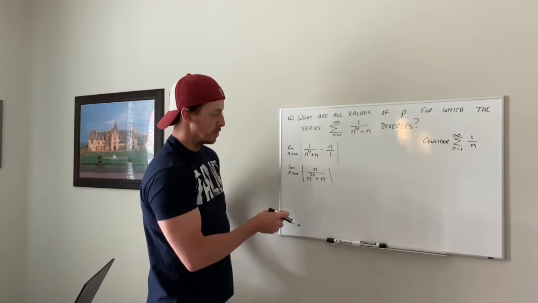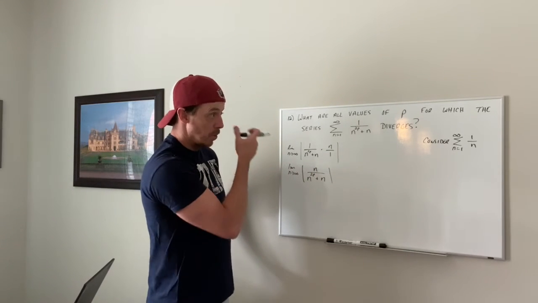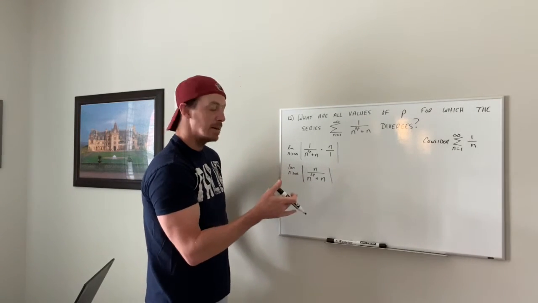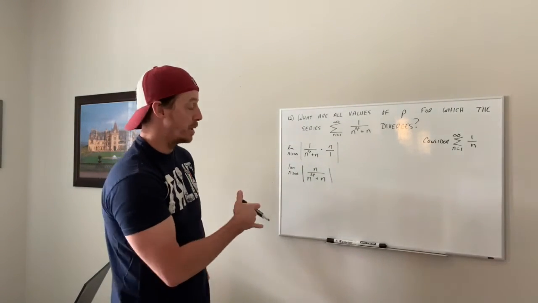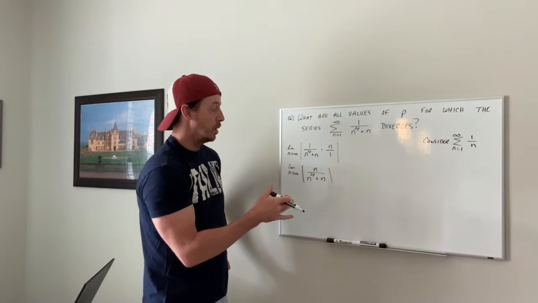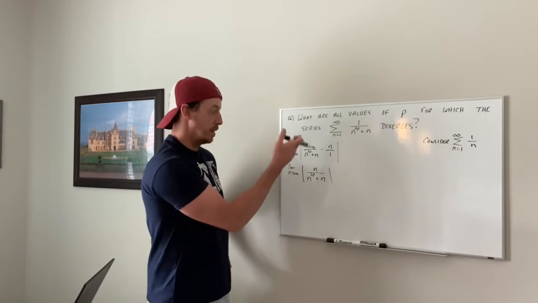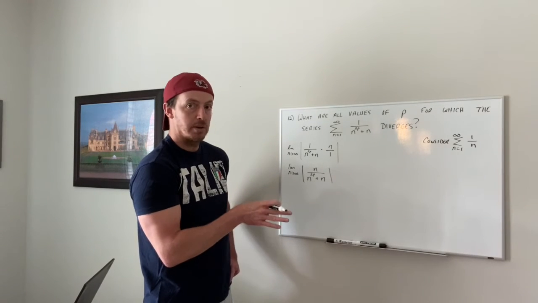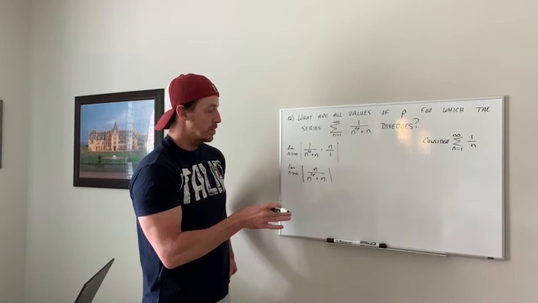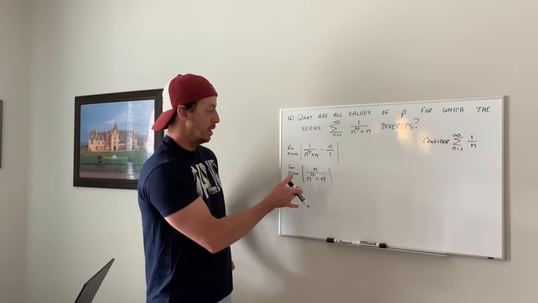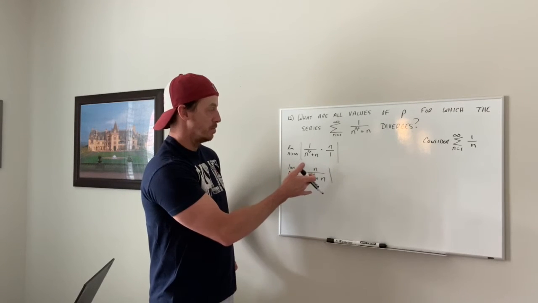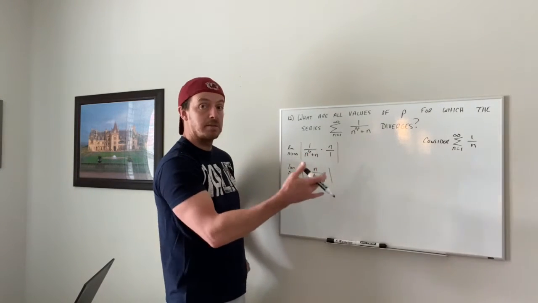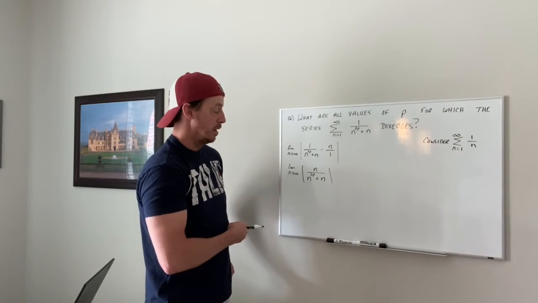And remember, we want this limit to be positive and finite. Just think back to your Math 3 days, or even the beginning of this course, when we were doing these limits as n approaches infinity of rational expressions. It's just like the way you would find a horizontal asymptote. What we want is basically our horizontal asymptote to be a positive finite number.